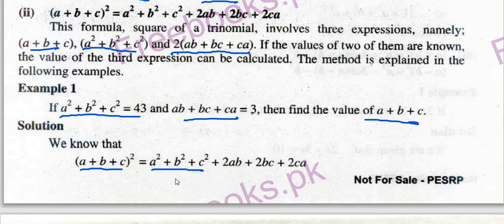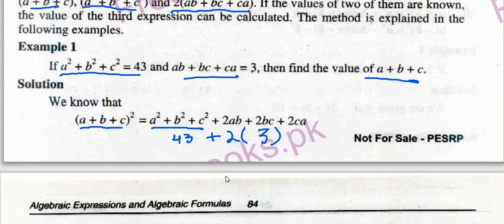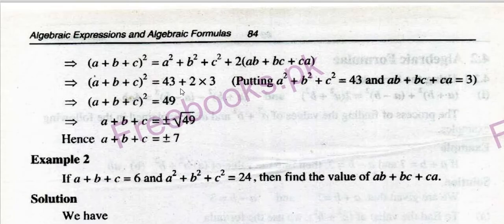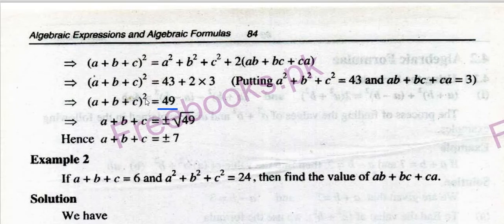The value of this is 43, take 2 common, and the value of all this expression is 3. Just add 43 plus 6, you will get 49. Take the square root to find the value, you will get plus minus 7.